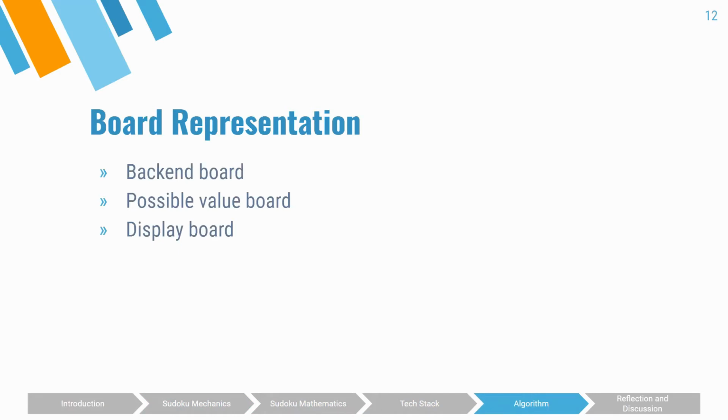And lastly, the third board is made of an array of divs. These divs contain the value, ID, another word for index of the board, and input boxes. This array of divs is used for generating the user interface.